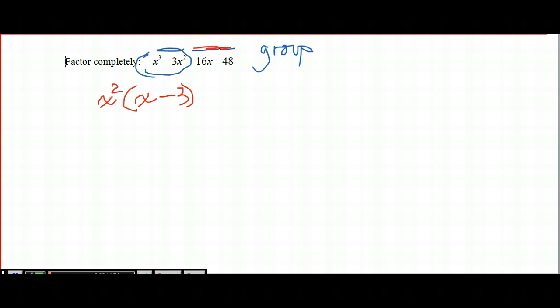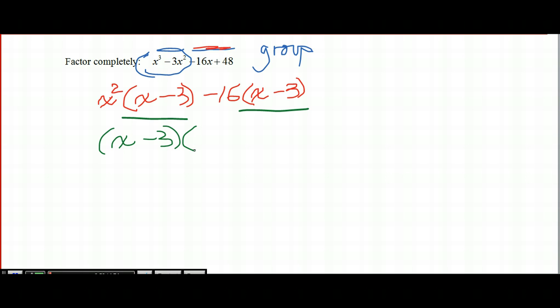What can I factor out here? Well, a negative 16 times x minus 3. Now I see that I have a common factor here and a common factor here, so I can take my common factor of x minus 3, and my other factor is going to be x squared minus 16.